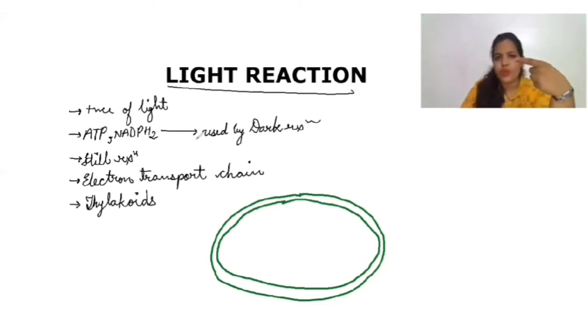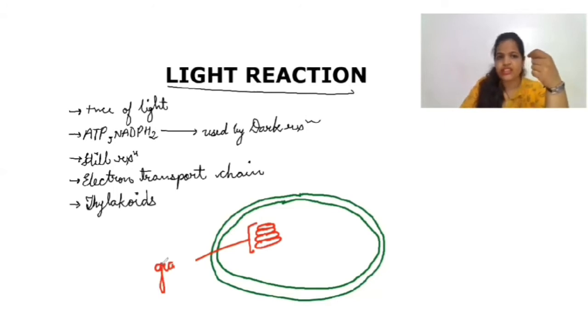This is one disc shape, one flattened structure. I'll be drawing this over here. Now, if I put more flattened structures in the form of sacs, look how it looks like. It looks like a stacked form of these flattened structures. So this one flattened structure is actually one thylakoid, whereas this complete stack is known as grana.